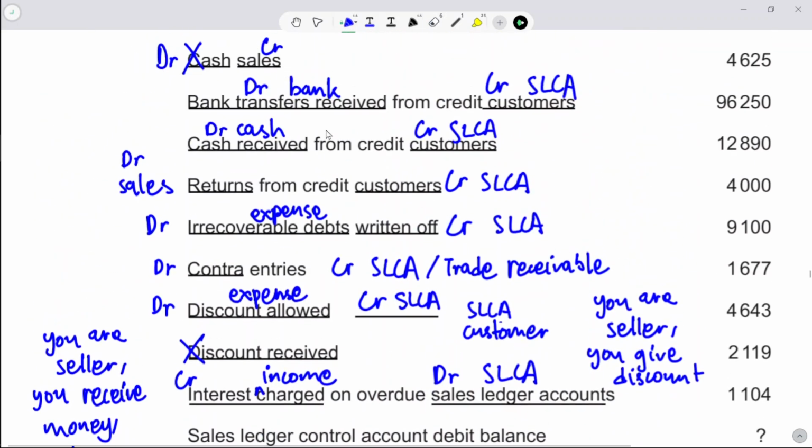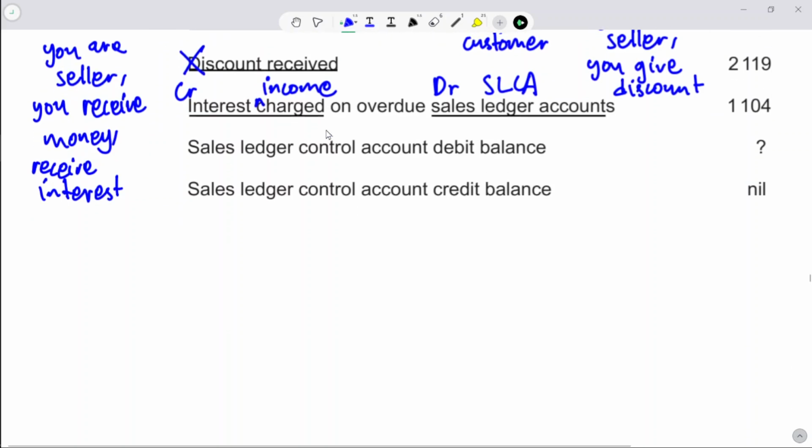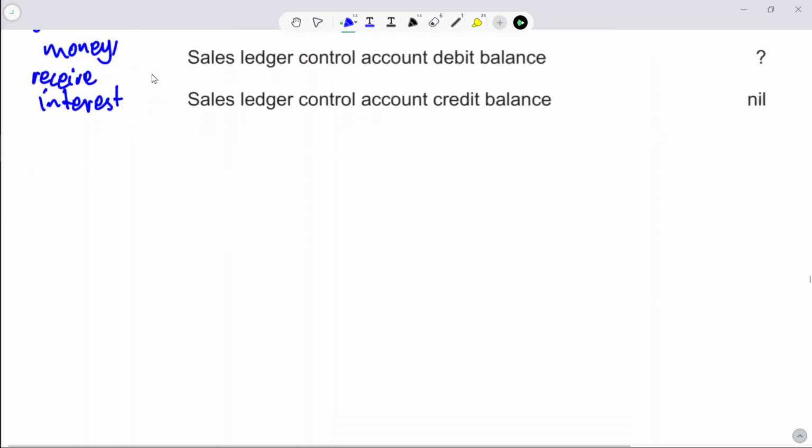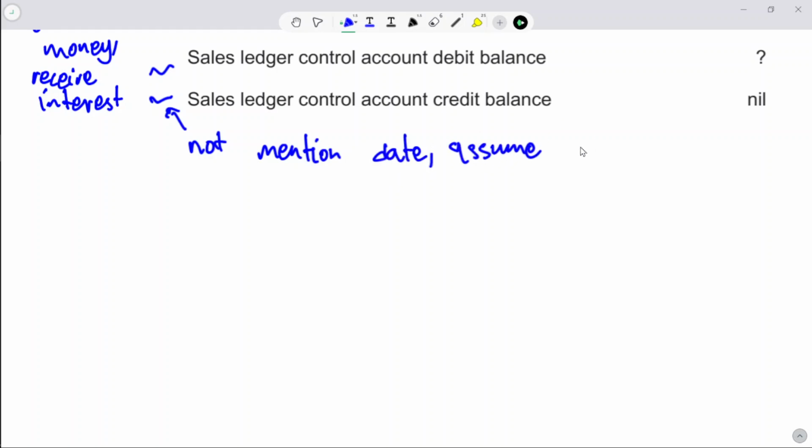So this one does not mention the date, right? Assume the default.